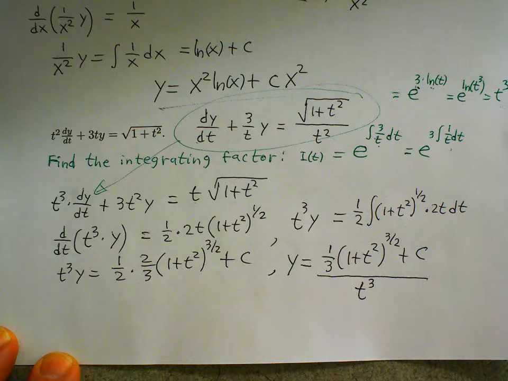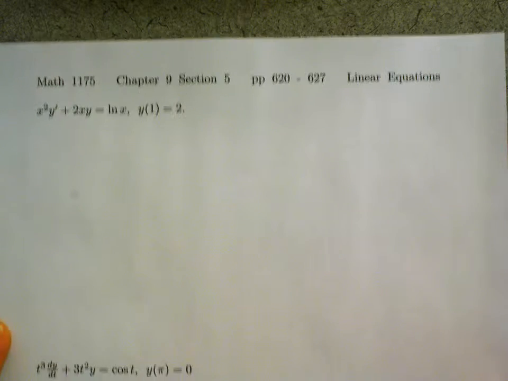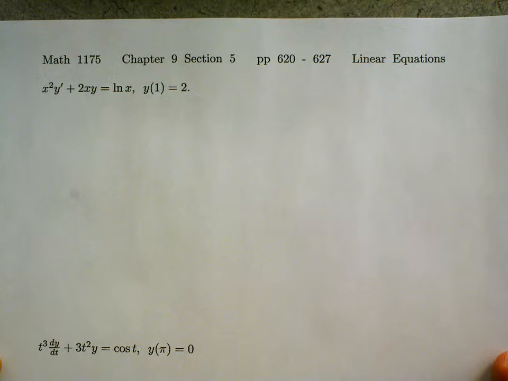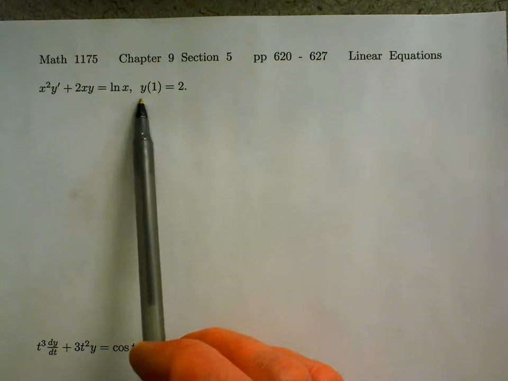Okay, on the next page, we have initial value problems. So here we have x to the second times y prime plus 2x times y equals the natural log of x, with the condition that y of 1 equals 2.